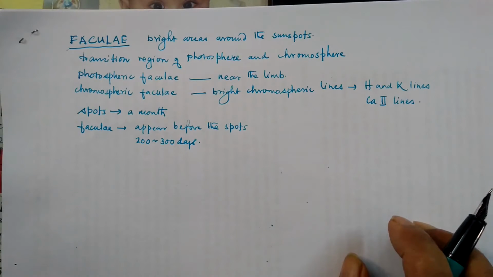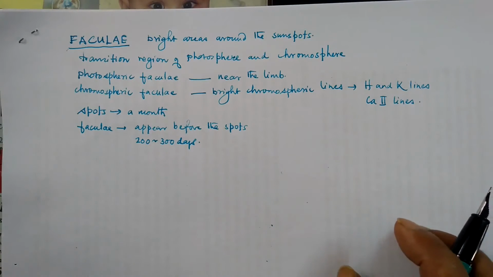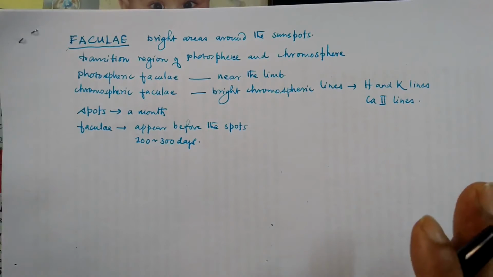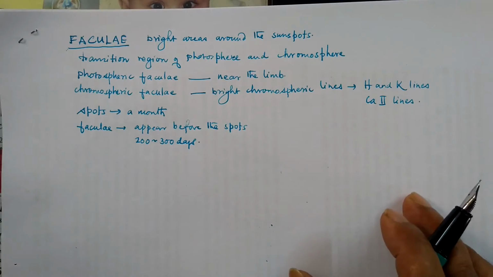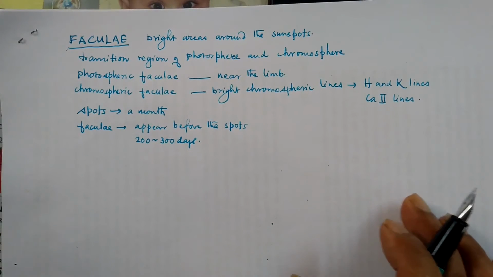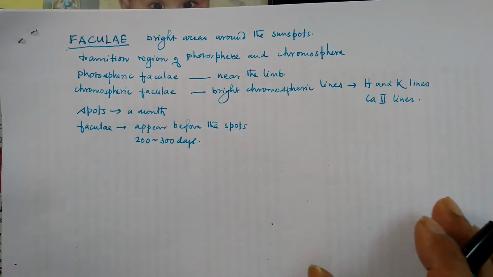And there are faculae which are not associated with the sunspots, but they are invariably smaller and fainter and relatively short-lived.